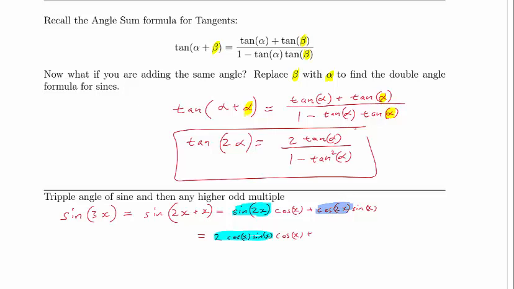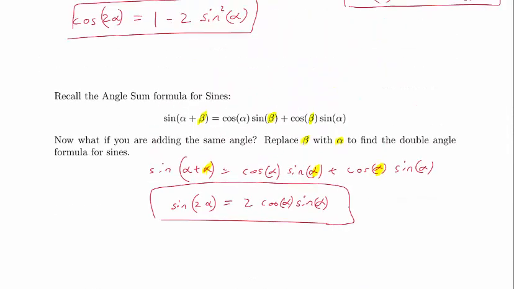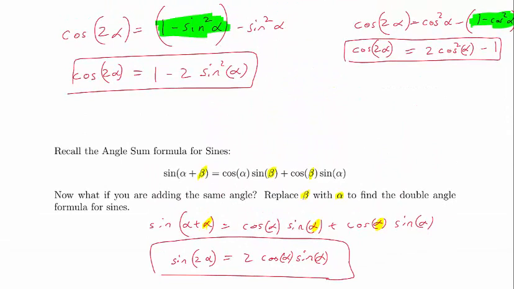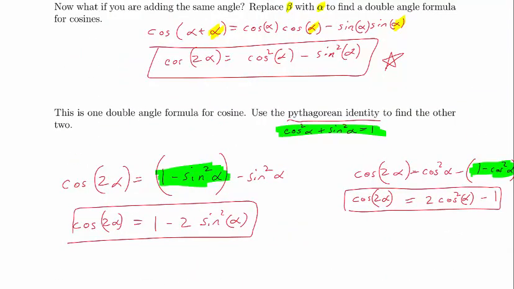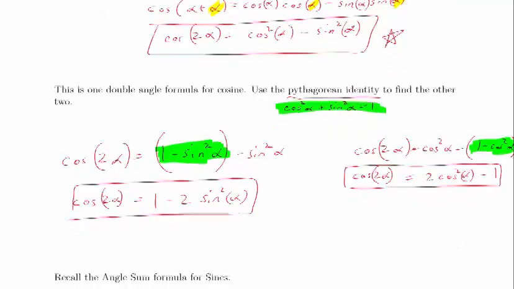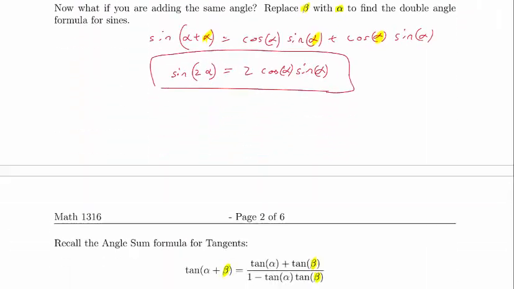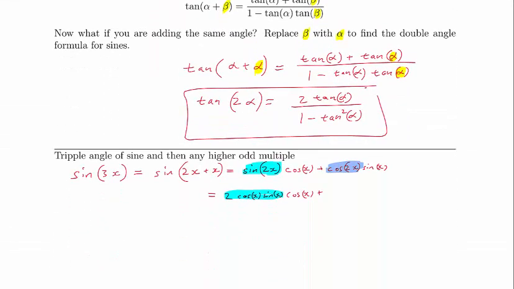Cosine 2x. And now with cosine 2x, we've got our choice of which formula we want to use. Our choice of these three formulas right here. We're going to go ahead and go with the top one. But we could just as easily go with one of the other ones.